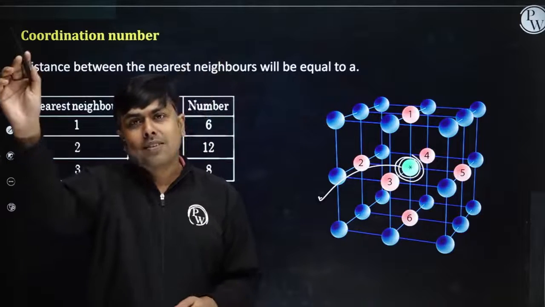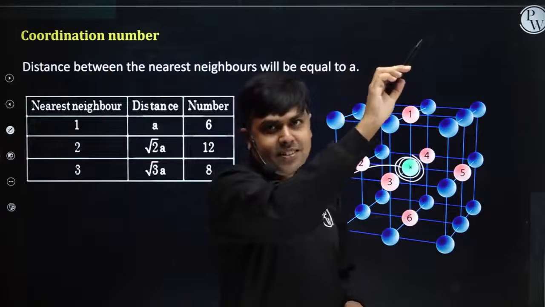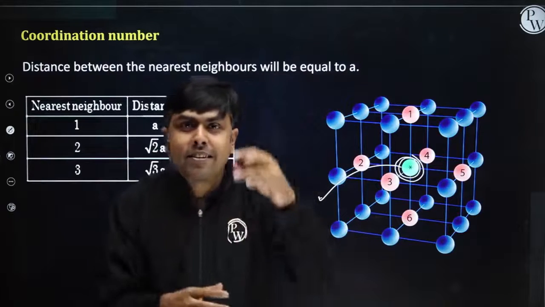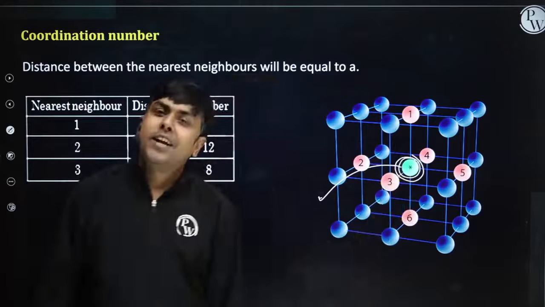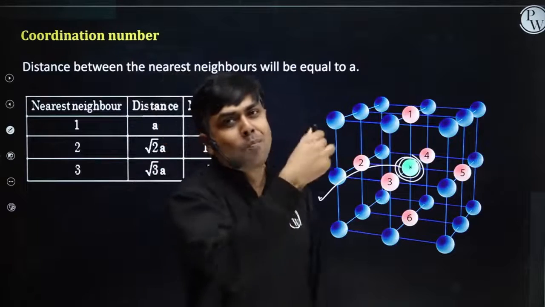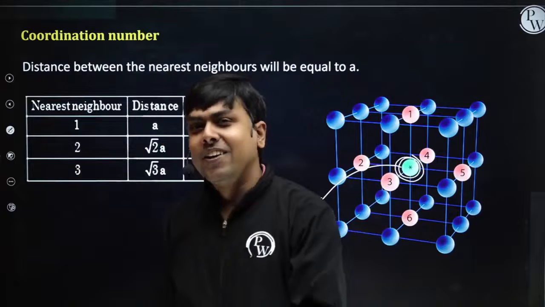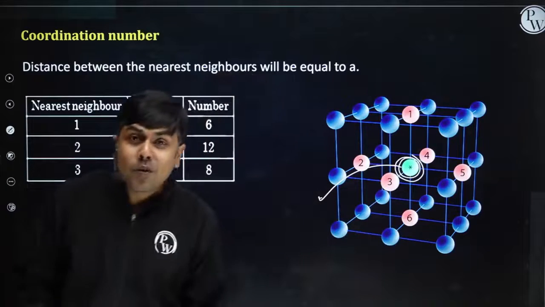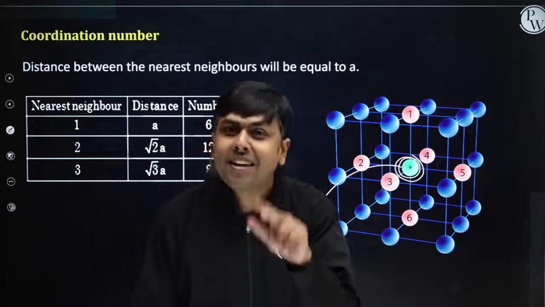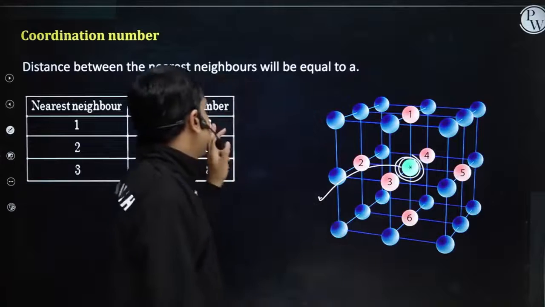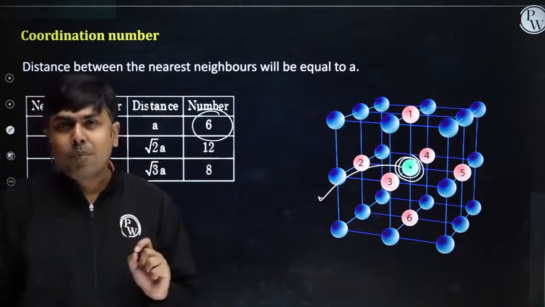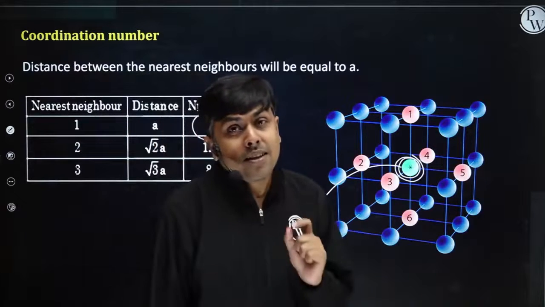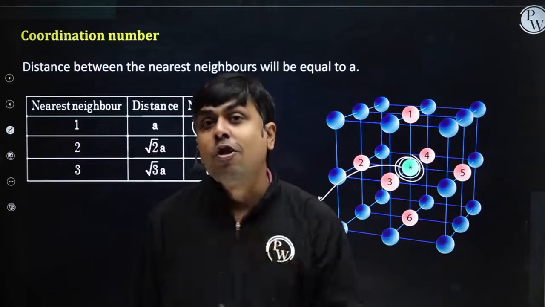One along the positive x-axis, one along the negative x-axis, so 2 along x-axis, 2 along y-axis and 2 along z-axis. One along positive z-axis, one along negative z-axis. So what's the coordination number for this SCC? The coordination number is 6. And basically, one particular atom will be touched by 6 atoms at a distance of a.